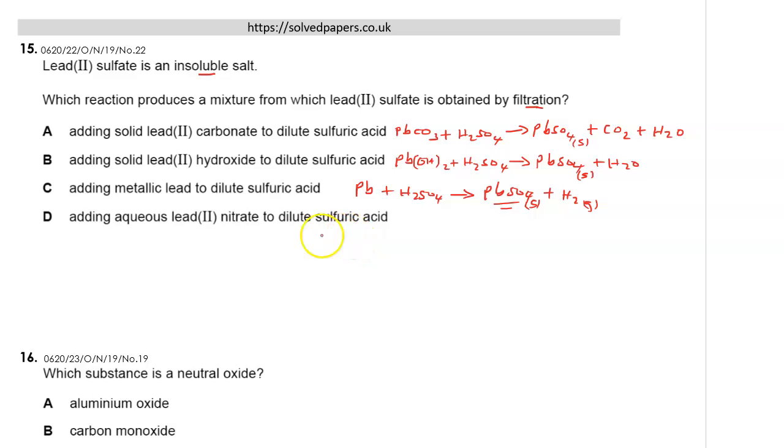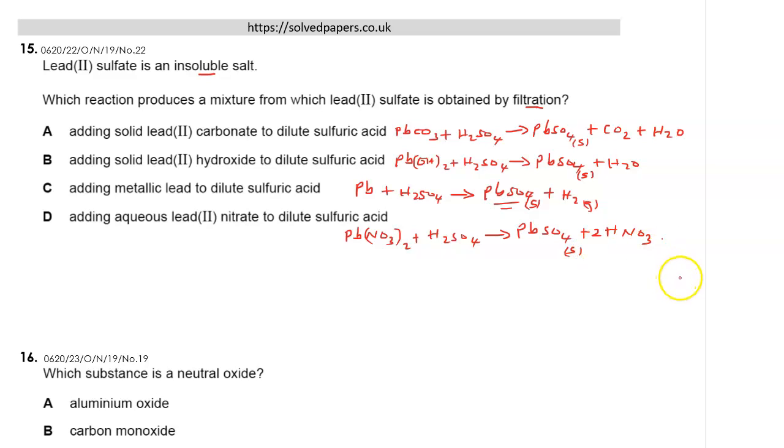What about for D? Adding aqueous lead nitrate to dilute sulfuric acid. Of course, when you react lead nitrate, which is soluble, with sulfuric acid, what you get is lead sulfate plus nitric acid. Right, here this is solid.